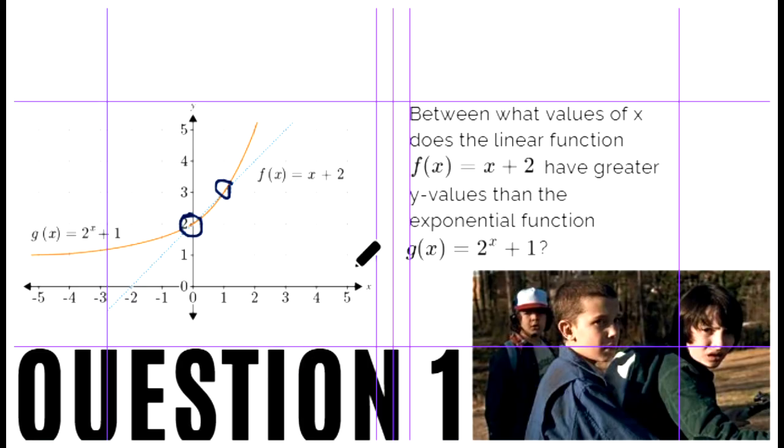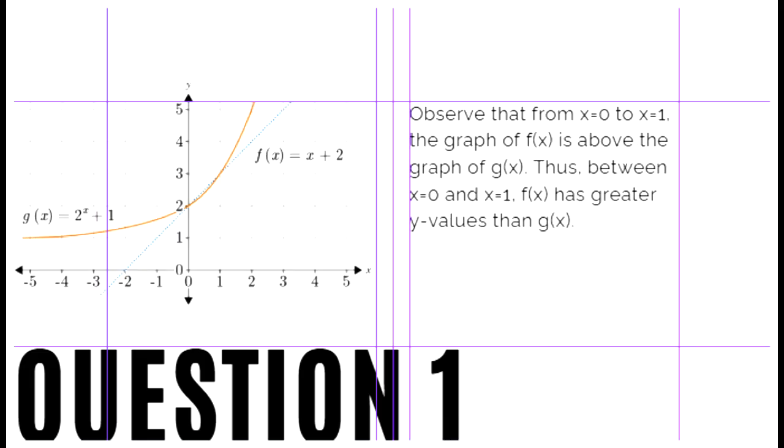So between what values of x does f of x win? I would say it's between about 0 and 1. Oh my, you were supposed to do that on your own. My bad. Hey, look, we were right. The graph says it's between 0 and 1. So you can just figure that out just by looking at it.